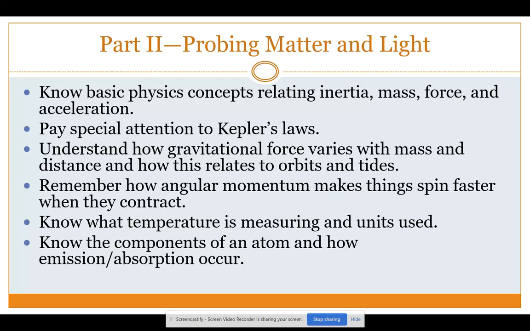star, a giant stage. You keep throwing more helium into the core, and you will reach the point where then the helium core starts fusing. What is helium forming in fusion? It actually forms carbon.